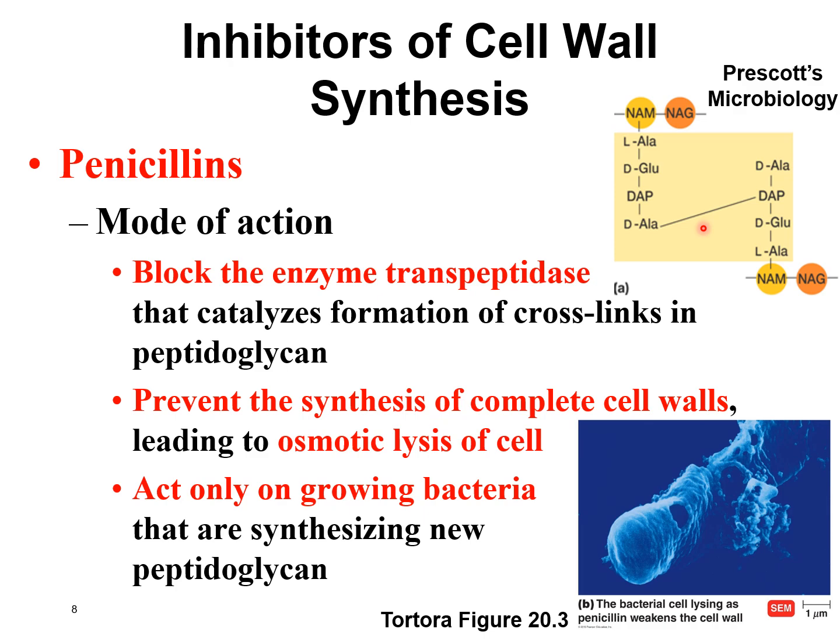So if you can't join the peptidoglycan strands together, that will really weaken the cell wall, and that will allow the water to keep moving into the bacterial cell, and then it will just swell and then burst, and you get that osmotic lysis, and that will kill the bacterial cell.